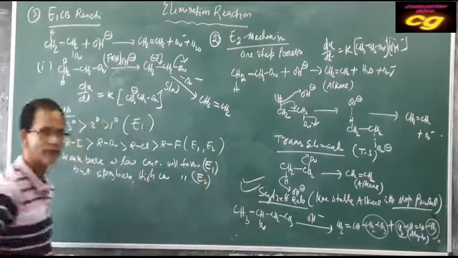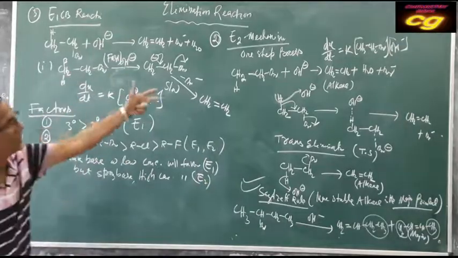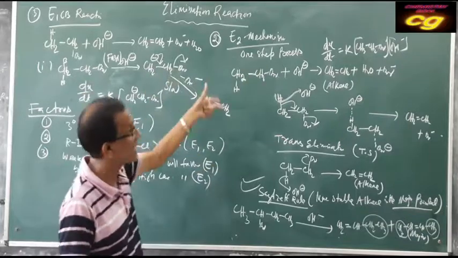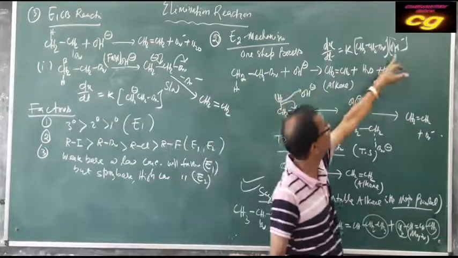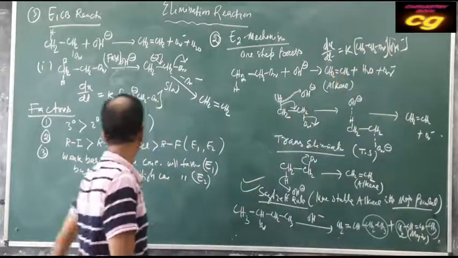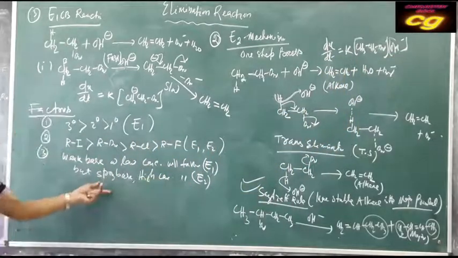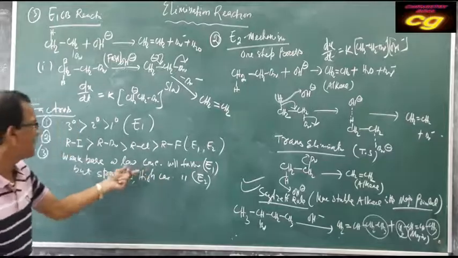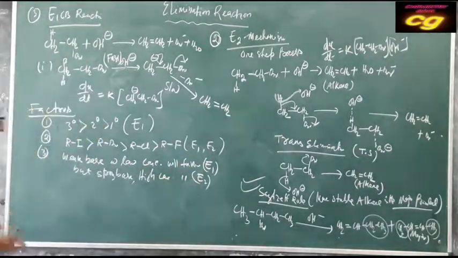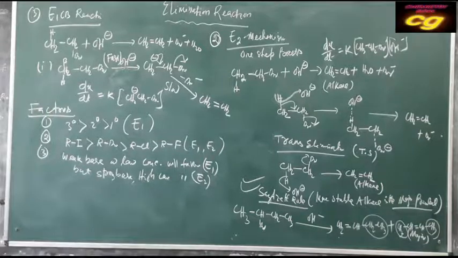It is very important. E2 is a one-step process, so a strong base will favor it. Strong base and high concentration, because the base concentration also affects the rate. So high concentration and strong base favor E2, and low concentration and weak base favor E1. These are the factors affecting elimination reactions E1 and E2.